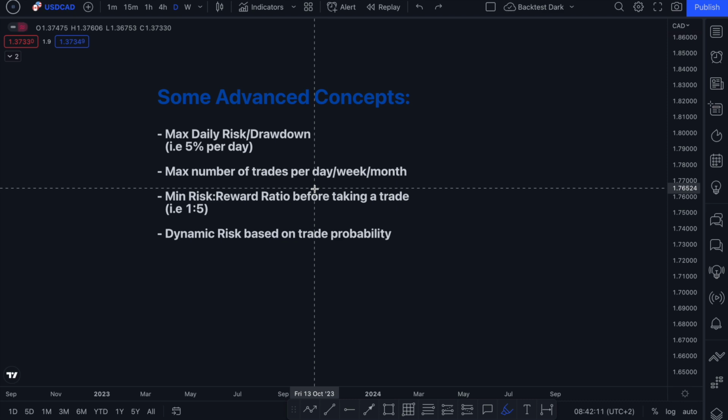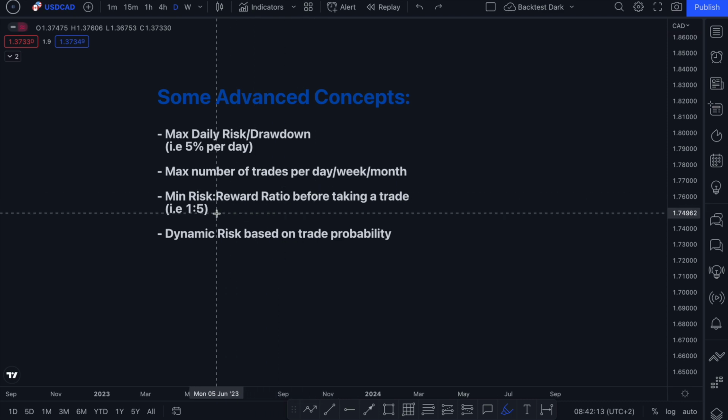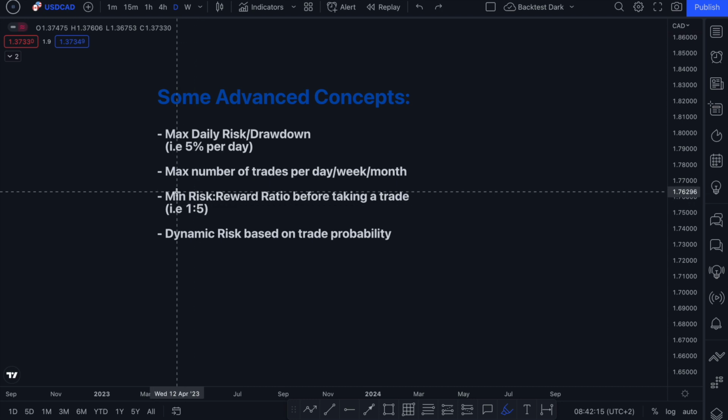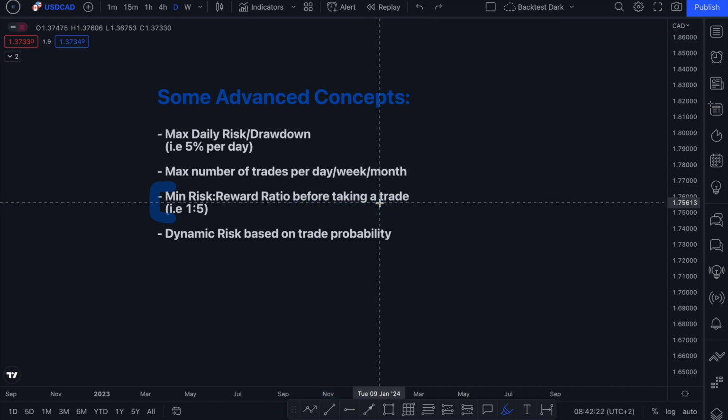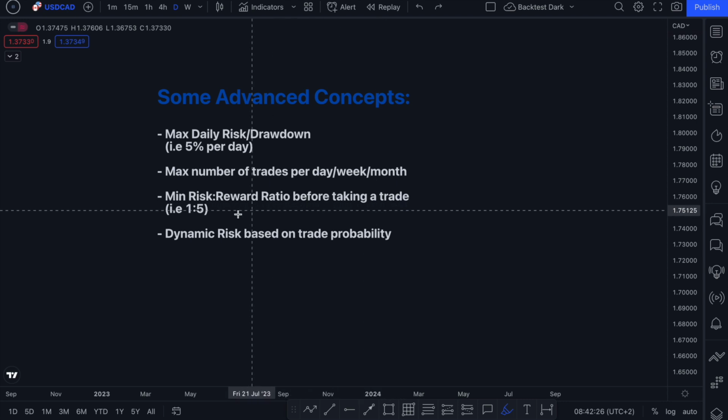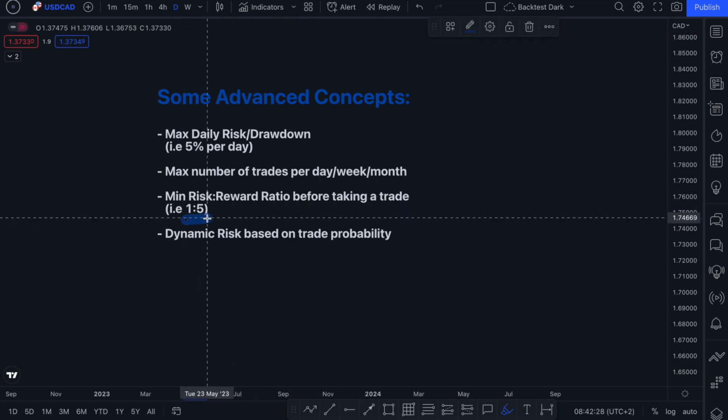A third concept that you can look at, which isn't necessarily an advanced concept per se, is to look at having a minimum risk to reward ratio before taking a trade. Me, for example, I like taking trades that have a minimum 1 to 5 risk reward ratio. Look, when you're trading smart money concepts, having high risk reward ratios is something that you can do, right? Gone are the days of trading 1 to 2, 1 to 3 risk reward ratios.